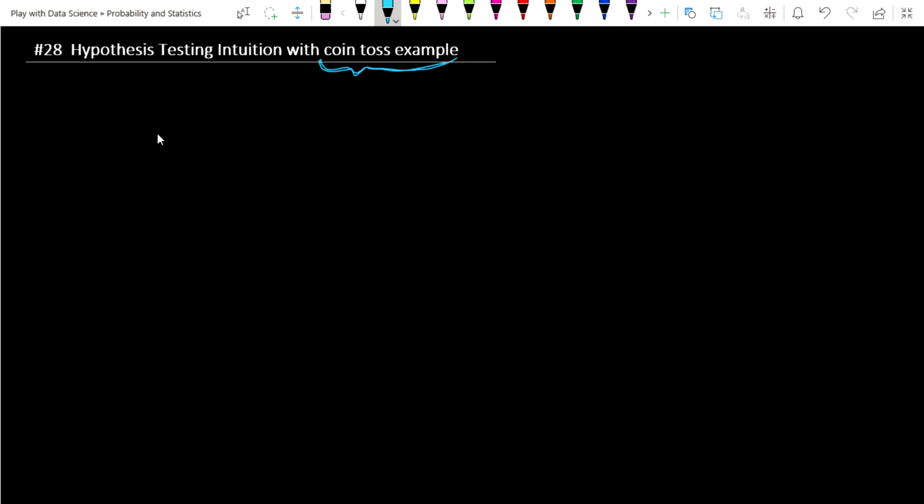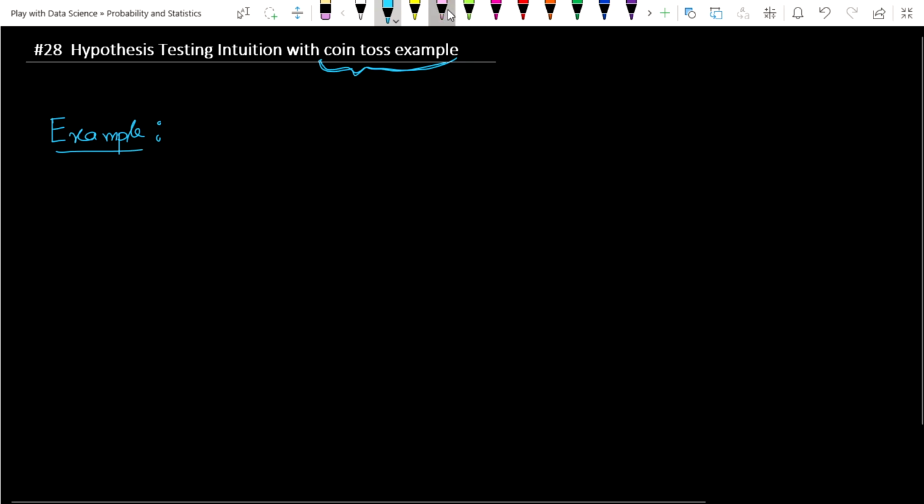So the example that we have taken here, first try to understand the task. What is actually our main task?